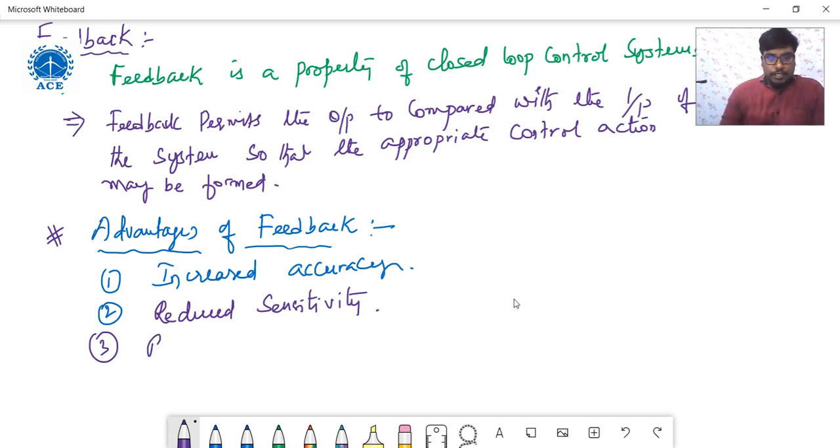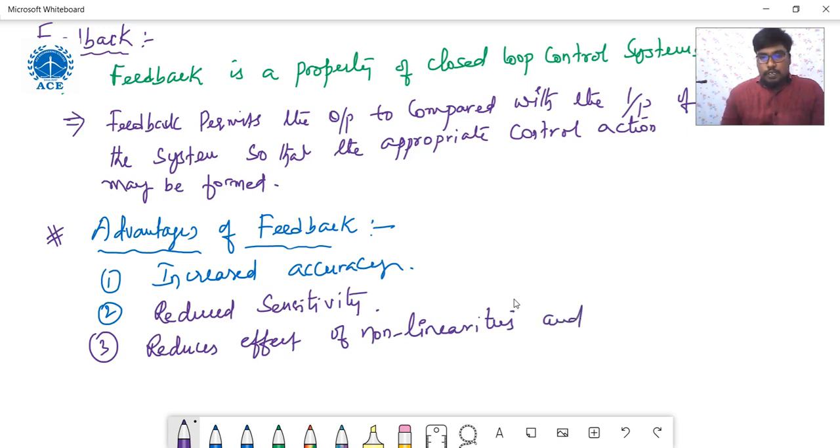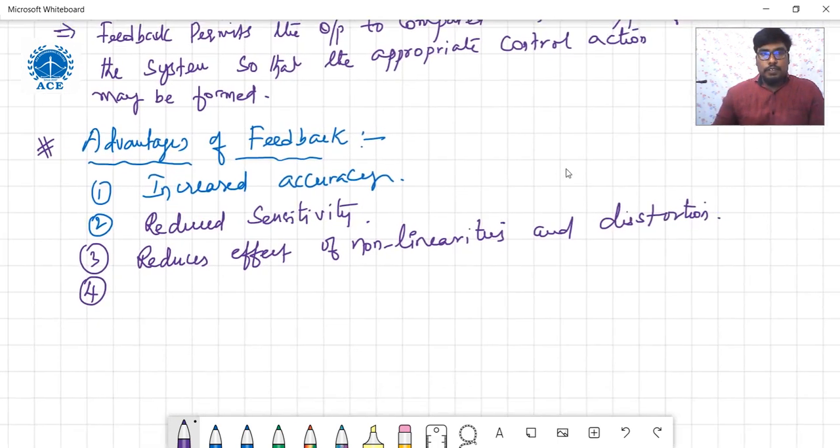Then it reduces the effect of non-linearities and distortion. Okay, fourth point.